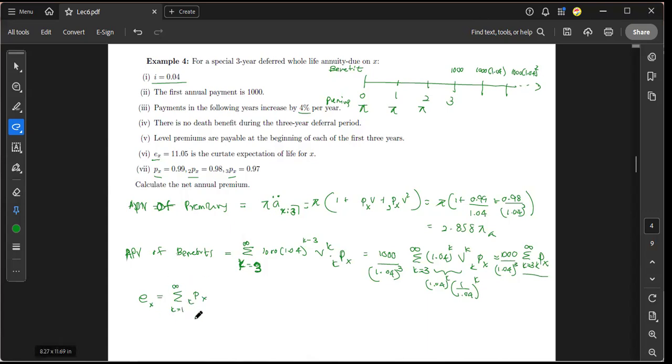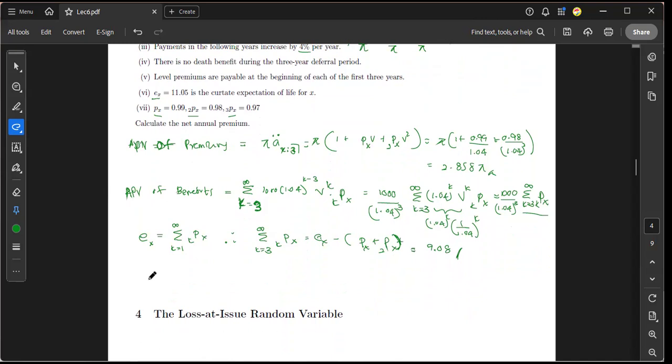Therefore, this will give e_x minus the summation of p_x plus 2p_x, and we don't need 3 here because 3 is included in this one, so we have only this. So we have all these 3 values with us. Eventually we get 9.8 for this one because these 3 quantities are given in the question.